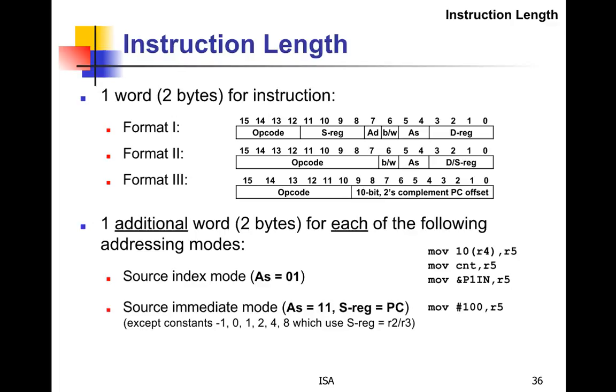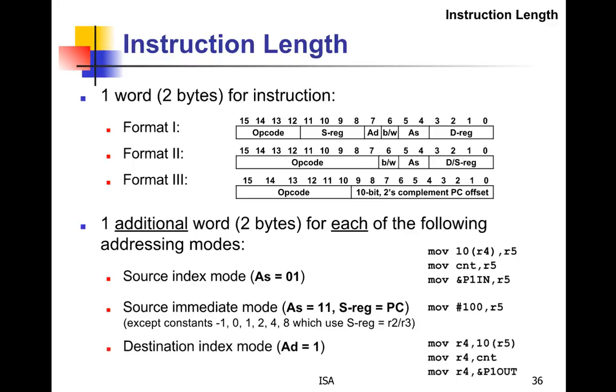It also requires 2 more bytes for the source immediate addressing mode, like moving the number 100 into R5, except when you use registers 2 and 3 for the constants. Destination index mode, AD equals 1. Also, when you do those things on the destination, an indexed or an absolute, or one that you've defined like count, that still adds 2 more bytes for each of the following.